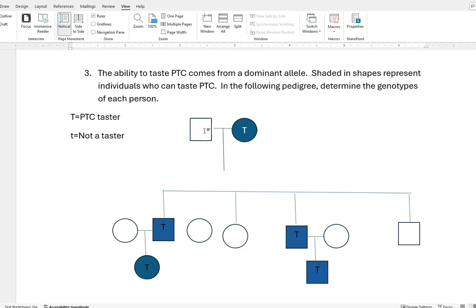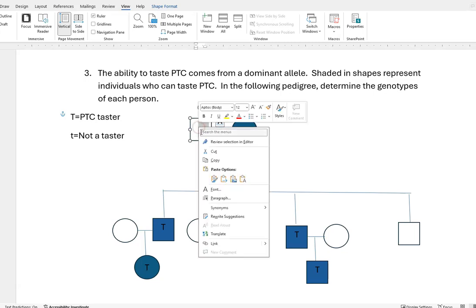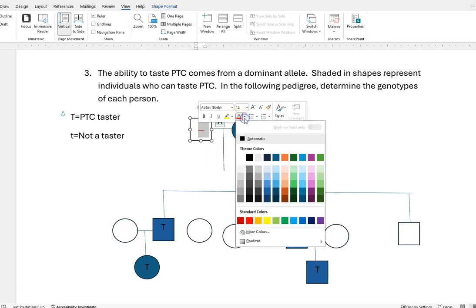Now, what about our unshaded individuals? The ones that have the clear centers here. All right, so they cannot taste it at all, right? Because the shaded in represents those who can taste. Tasting is controlled by a dominant allele. So if you're not a taster, then you have to have 2 recessive alleles. All right, let's see if I can, oops, I guess I need to change my font here, color.